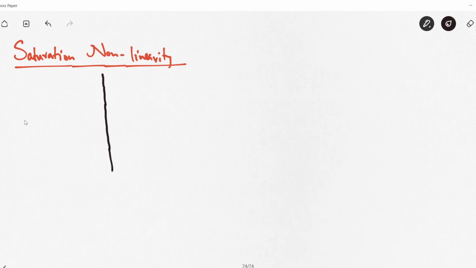So as far as the saturation nonlinearity goes, the nonlinear behavior of the system is somewhat like this. The system may or may not exhibit a linear behavior initially, and then saturate.